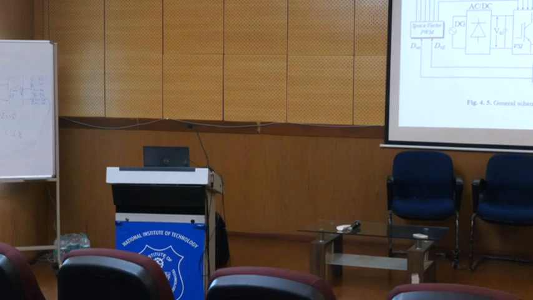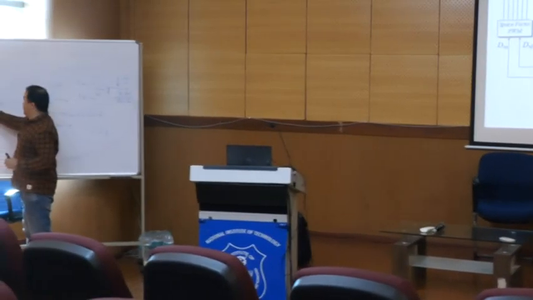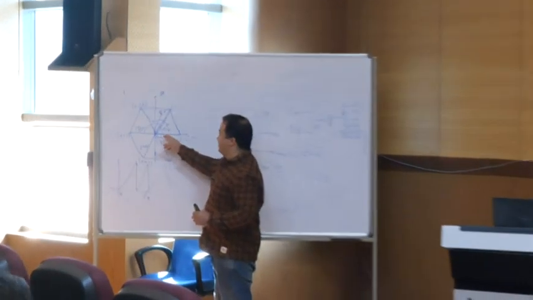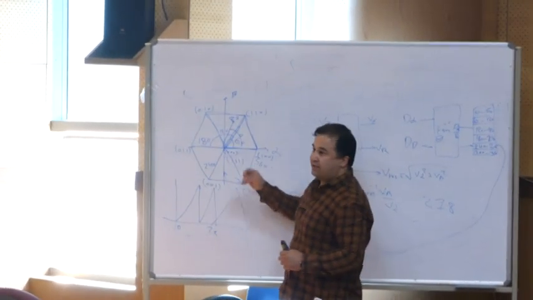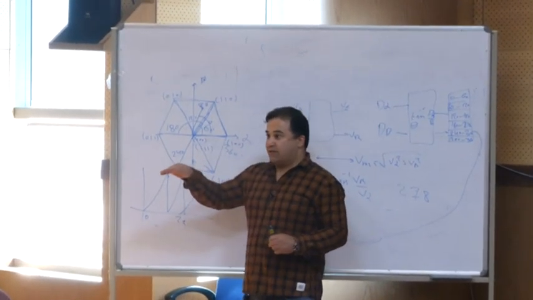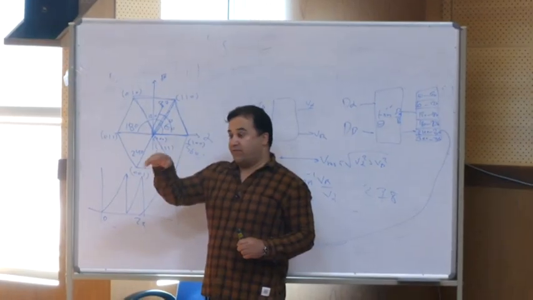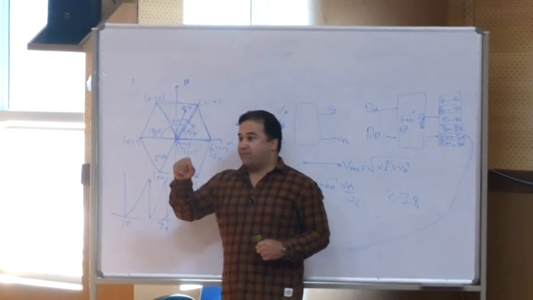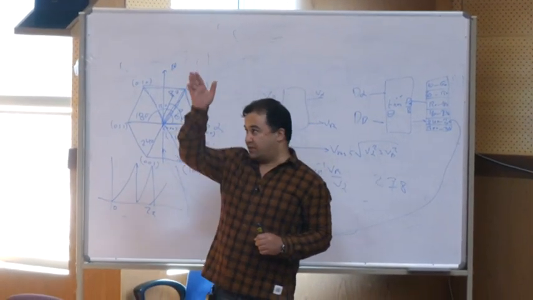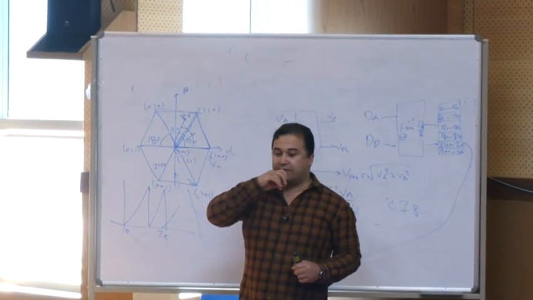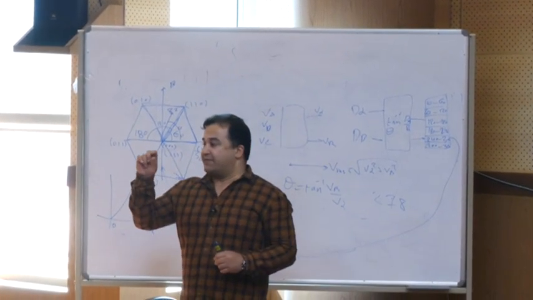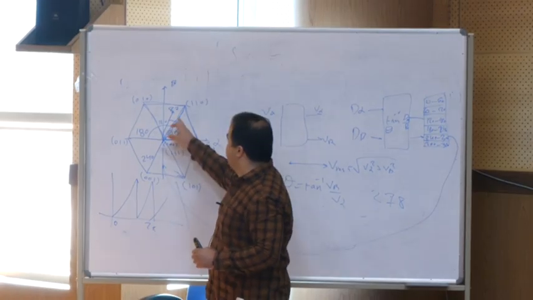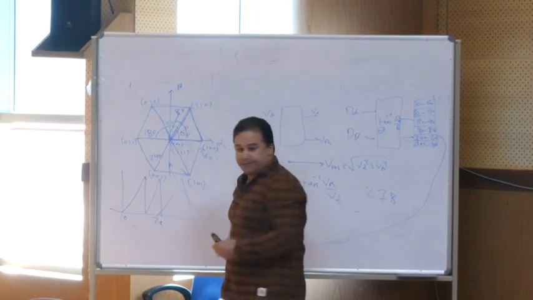When the vector is here, for example, then you should modify the voltage in the D axis, the alpha axis and the Q axis, and based on that you see the value.